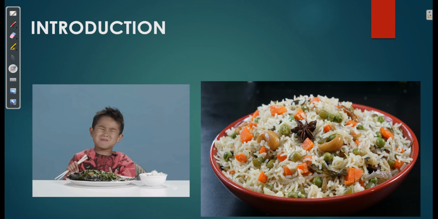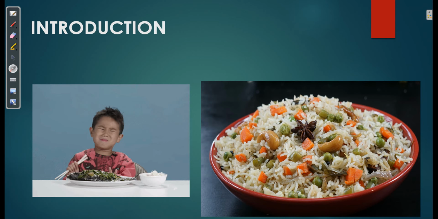So my question to you is, what will happen if your mother cooks a vegetable pulao and adds those vegetables which you really don't like to eat? What will you do? The first thing you will do is pick all these things out and keep them separately. Here you can see the boy is eating something and he doesn't like a few things.